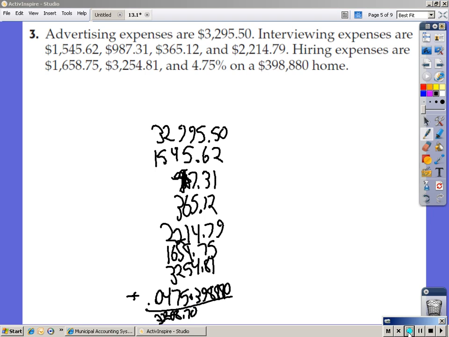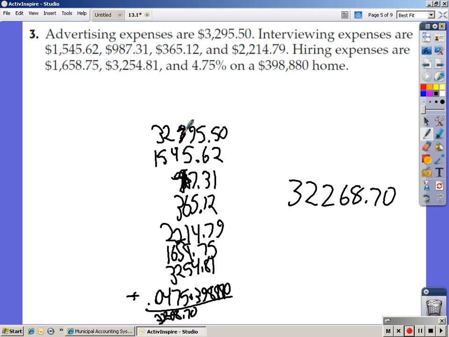Okay, thank you, Josh. I hope you can read that. The final answer is supposed to be 32,268.70. He did everything right. He did have an extra 9 up here in that number. So if you can read what's going on there, that should be $32,095.50.